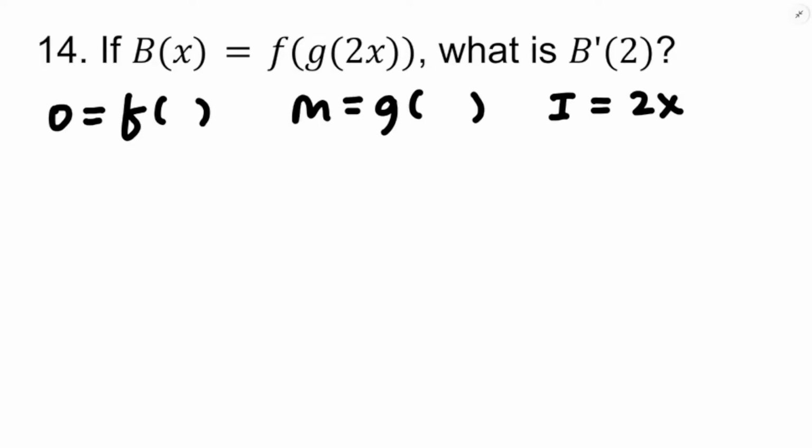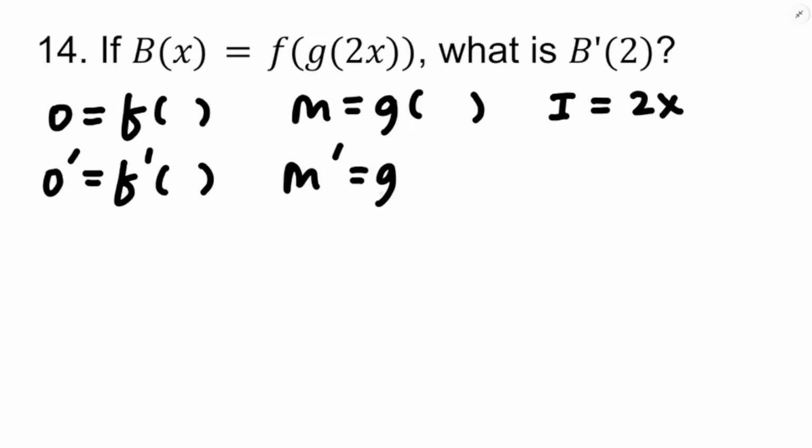You're good on those constants. That would be a good way to start to do some of these mentally. Okay, outside is f prime, middle prime is g prime, and inside prime is 2.